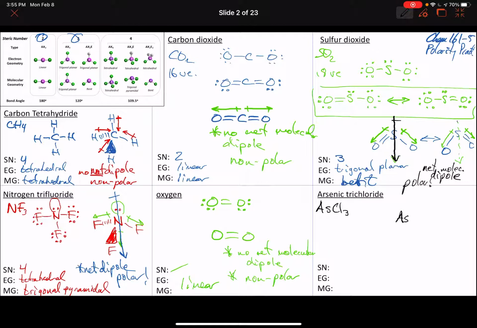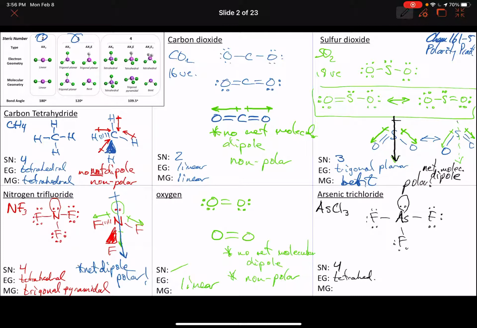And we'll end up with a Lewis structure like this. Okay, so again, we've identified steric number 4, considering the lone pair and the 3 bonded fluorine atoms. So this is tetrahedral in electron group geometry.